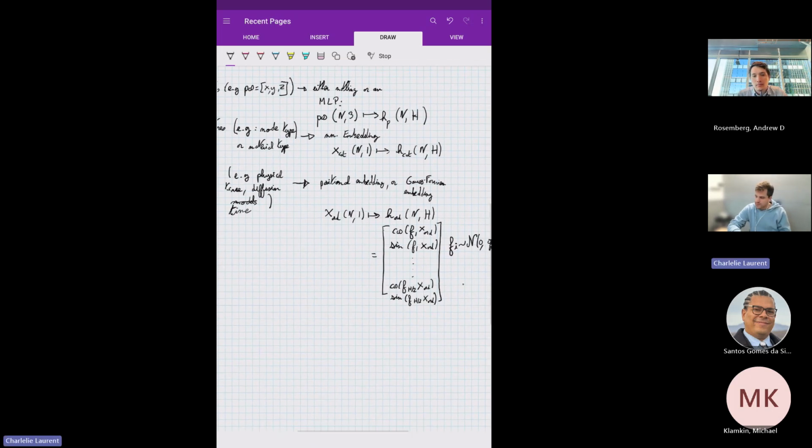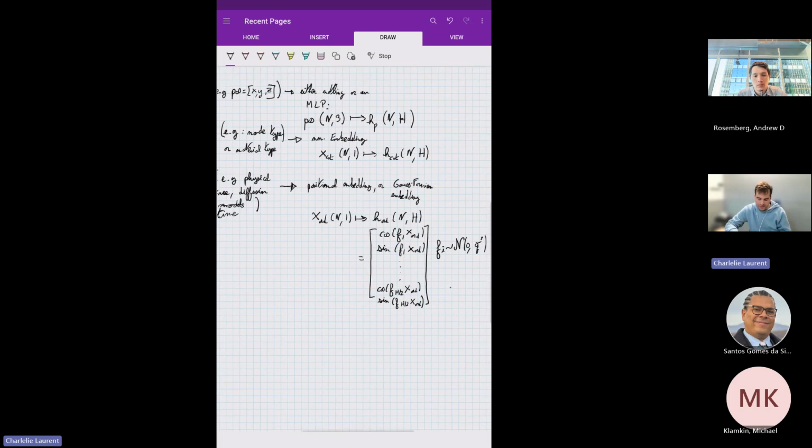You use Gaussian Fourier embedding, which is this combination of sine and cosine functions. Just take the feature, multiply it by a frequency, and form a vector like this. And those frequencies are sampled according to a Gaussian distribution.